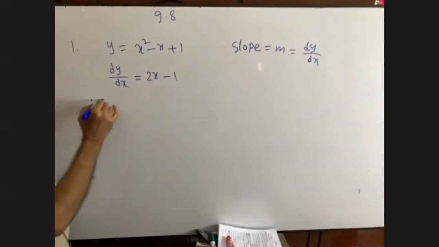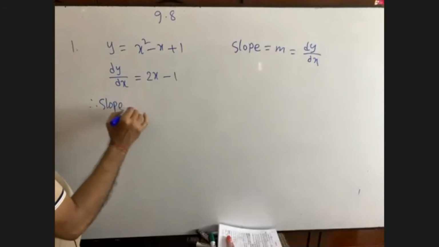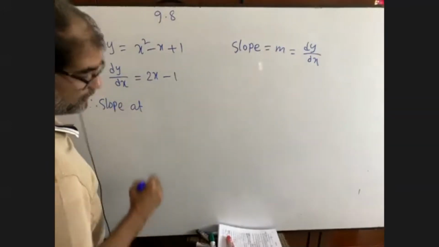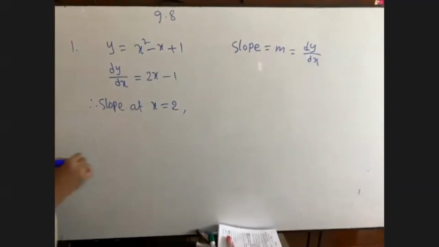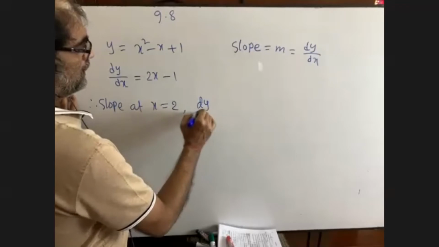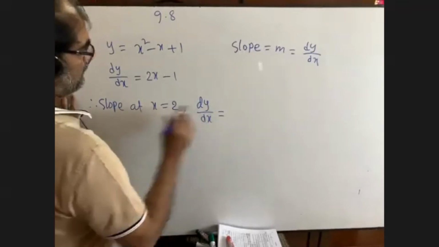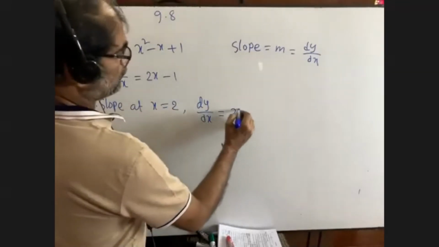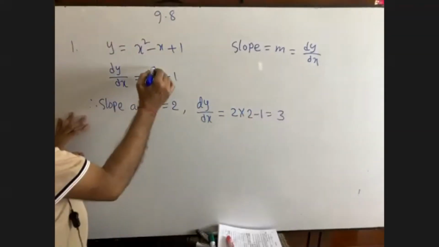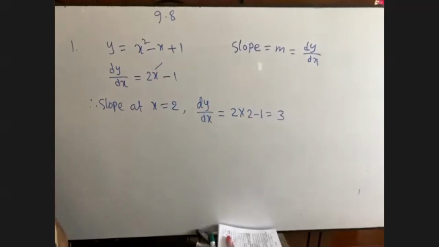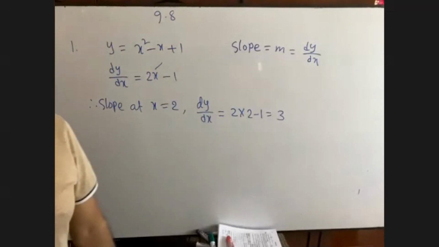Therefore, it is given x equals 2. Slope at x equals 2. Slope means dy by dx, where the value of x is 2. So 2 into 2 minus 1. We have put the value of x as 2 here. Our math is done.